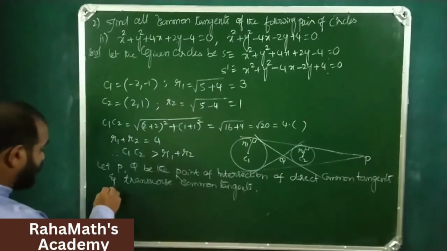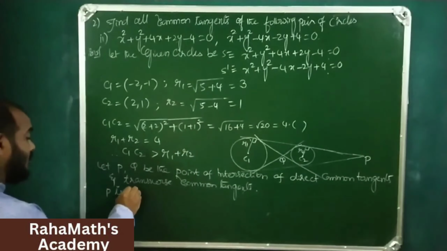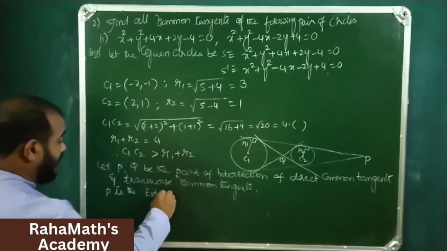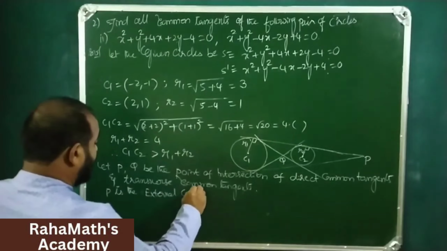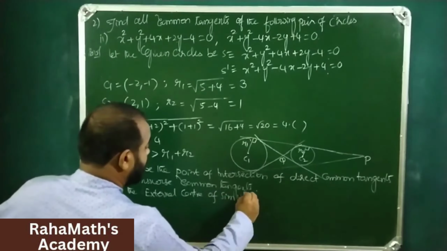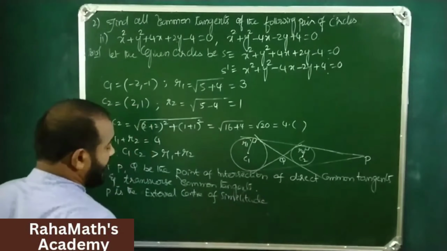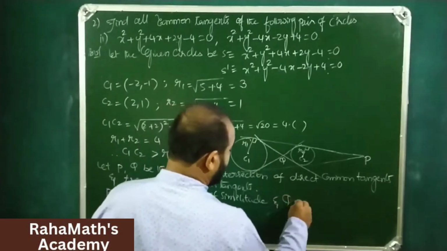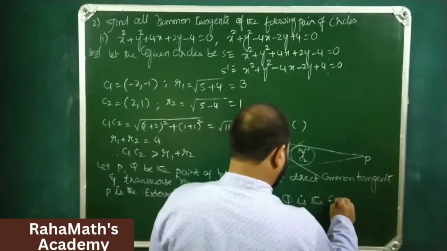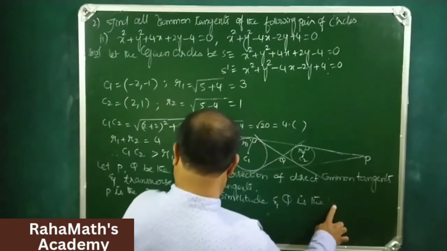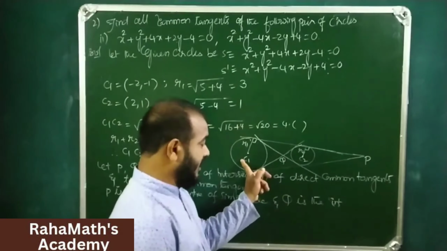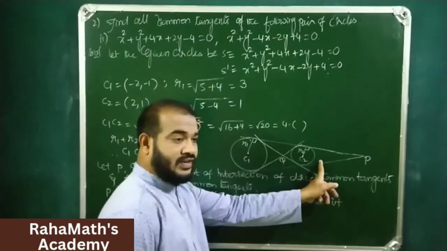So P is the external center of similitude and Q is the internal center of similitude, because Q lies internally on the line joining the centers C1 C2.